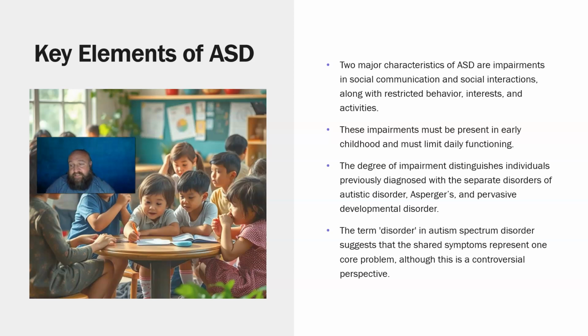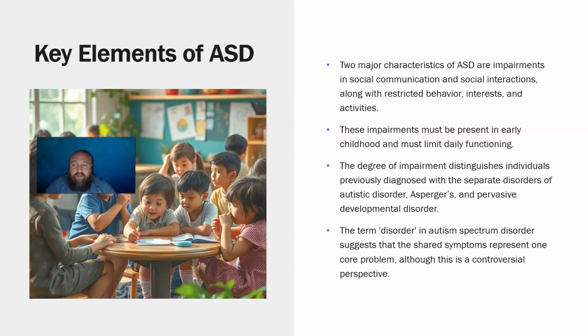The first is disruptions or impairments to social communication, and the other is disruptions to social interactions. And oftentimes along with that, as a sub-point, these disruptions to social communication and social interactions also include restricted behavior, like a limited focus of interest, maybe repetitive behaviors, things like that, restricted interests, restricted activities that the child or adult are usually interested in.